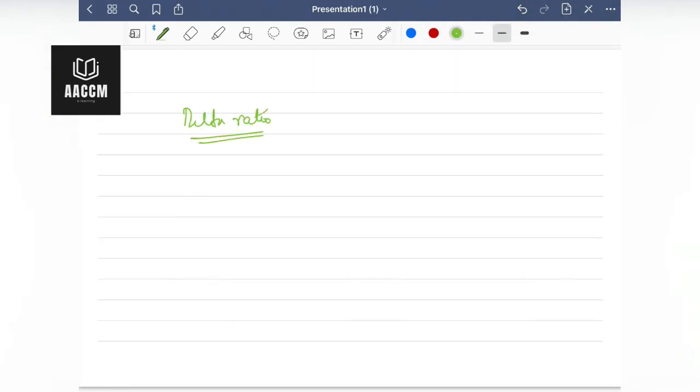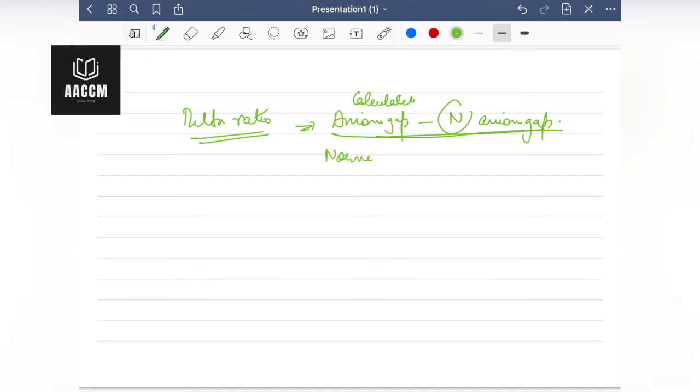Writing it as a formula, the delta ratio is the anion gap minus the normal anion gap, divided by the normal bicarbonate minus the measured bicarbonate. So, delta change in the anion gap divided by delta change in the bicarbonate.